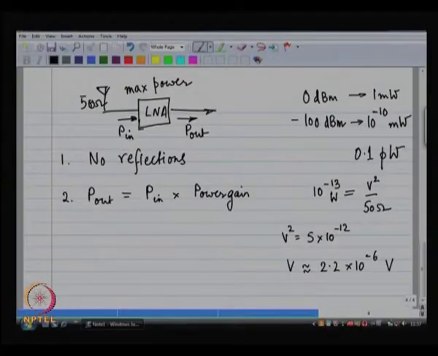Now, you have all studied your circuits, MOSFETs. I am going to jump the gun over here and I am going to assume that you know the MOSFETs, although in this course we are going to talk about MOSFETs later on, but let me just give you a flavor of what is coming. So, you have all designed amplifiers, and a low noise amplifier is some kind of an amplifier presumably.